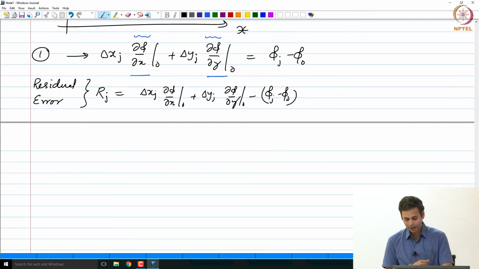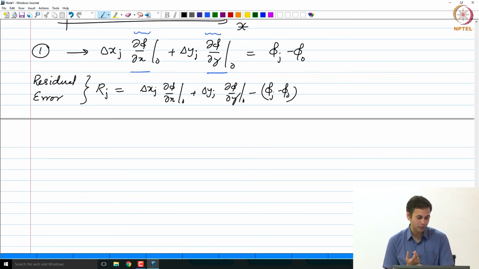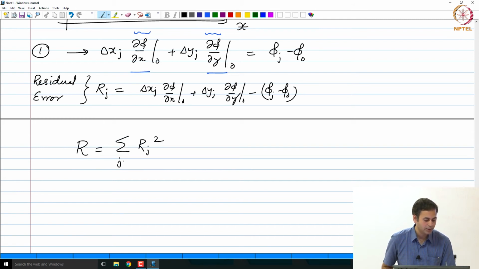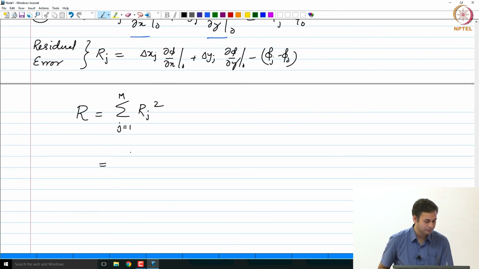Fine. That means, of course, this is just one equation, we have m face neighbors. So, what would be the total residual R, or the square of the residual R? I would like to call it R j square summed for all j from 1 to m. So, sigma R j square would be my square of the error. This would be sigma j goes from 1 to m.